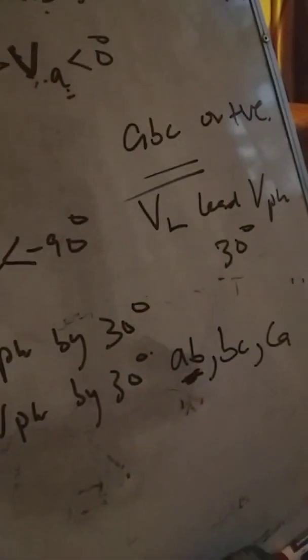Now, let's move another step further. So when you have a star connected supply, let's say this is a three phase supply, phase A, phase B, phase C, with the neutral.